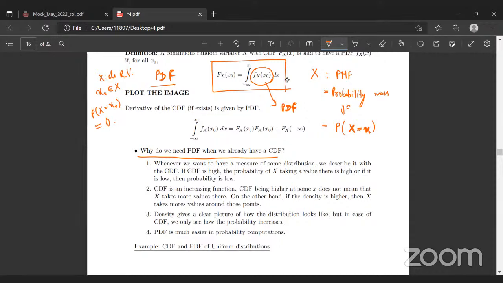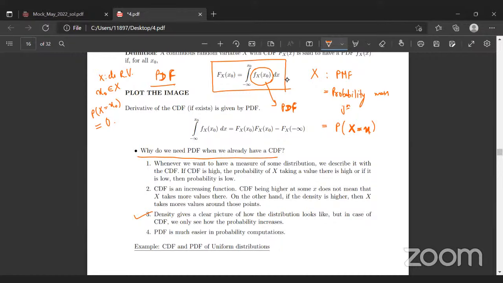Okay. One benefit. And PDF is also much easier in probability computation. Not always, but many times calculating with the PDF is much easier. And once you know the PDF, if you want to find the CDF, you can always integrate and find it out.